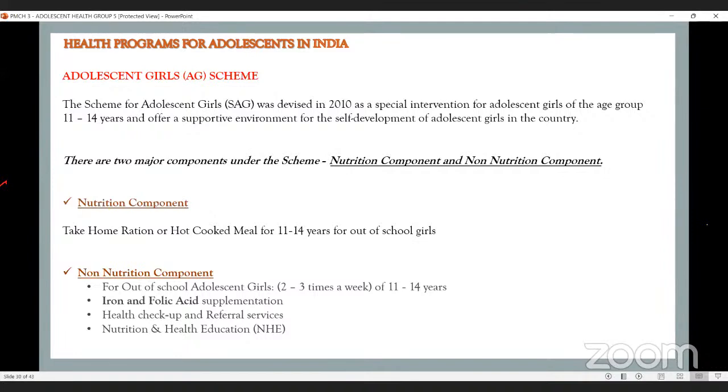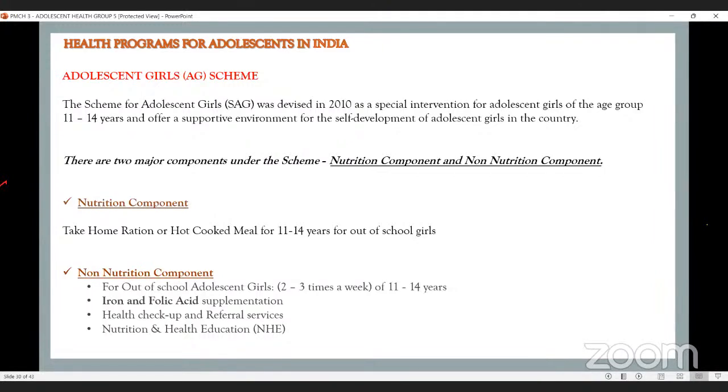The nutrition component had a take-home ration or hot cooked meal for 11 to 14 years out of school girls. It provided a certain recommended daily intake of protein. Also, it has the non-nutrition component for out of school adolescent girls, which was provided 2 to 3 times a week at the ages of 11 to 14.